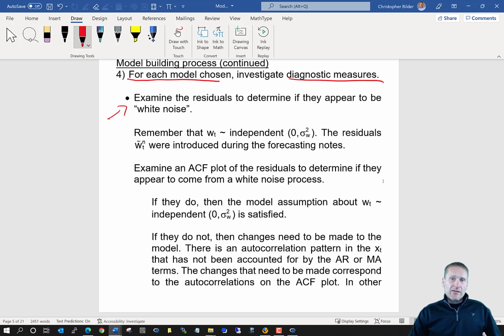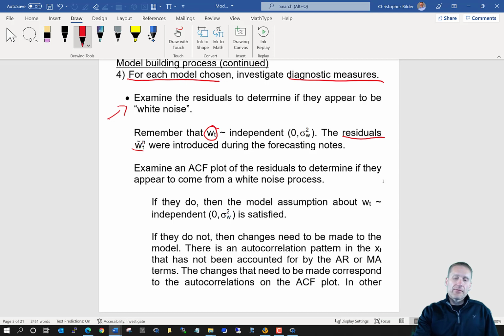We want to check to see if that is actually true. While we don't observe W_t directly, we can get the corresponding residuals that we've discussed before from our model's fit. Using these residuals, we can examine this assumption of white noise.